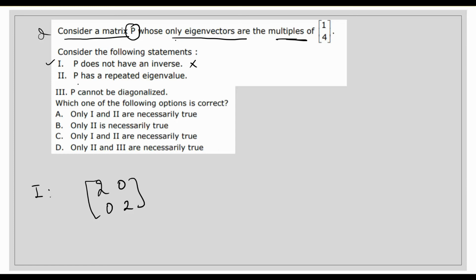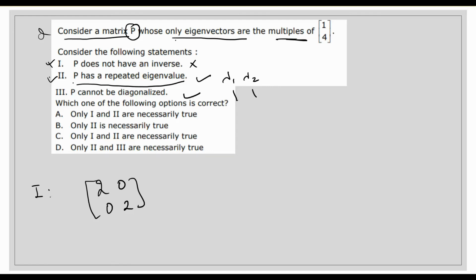Now, P has a repeated eigenvalue. This is correct, because since it has only one eigenvector, it must have a repeated eigenvalue. Otherwise, if the eigenvalues are distinct, we will get two different eigenvectors. So it is true that P has a repeated eigenvalue.